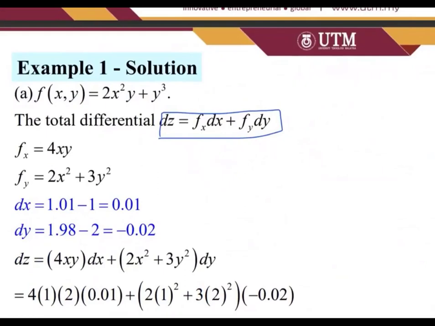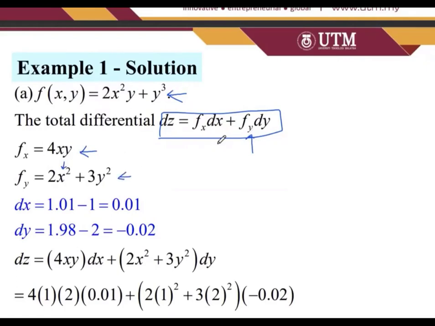You differentiate as usual: f is 2x squared y plus y cubed, so fx is 4xy. How about fy? Differentiating f with respect to y, you get 2x squared plus 3y squared.